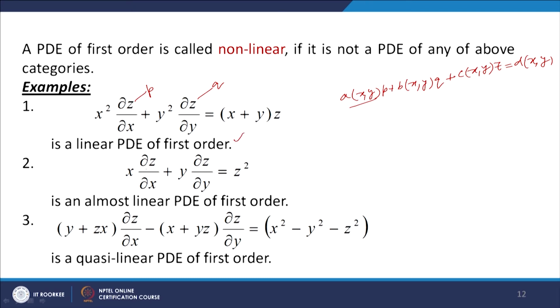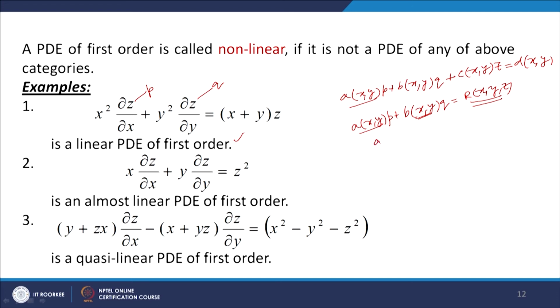So, it is a linear PDE of first order. Here x p plus y q equal to z square. This PDE is of the type a(x, y) into p plus b(x, y) into q equal to R(x, y, z). Here the coefficient of p depends on x and y, the coefficient of q also depends on x and y, while this term depends on x, y, z.